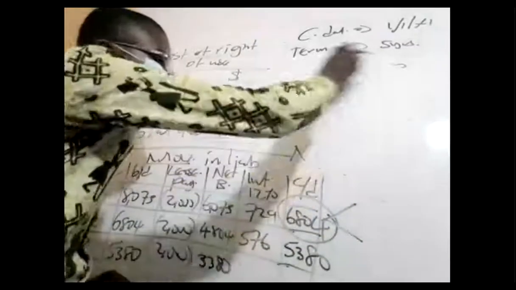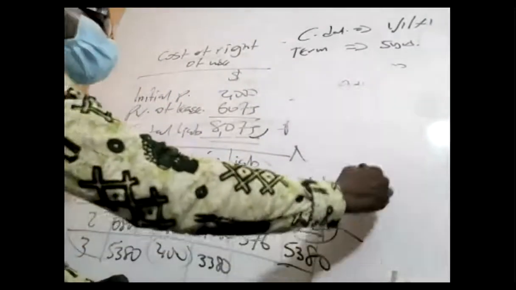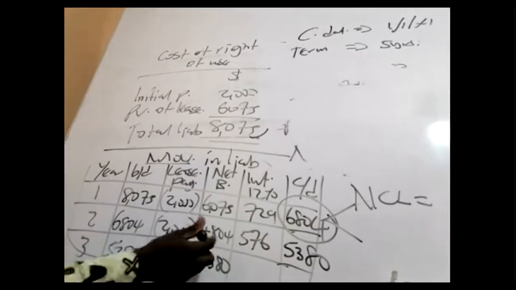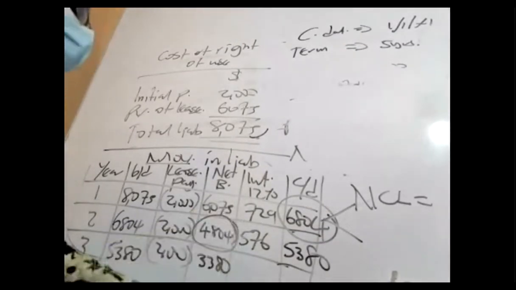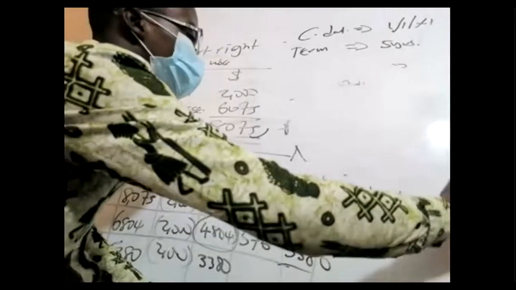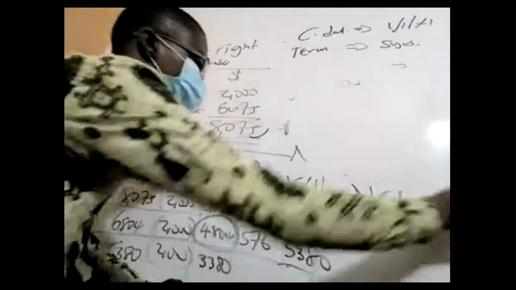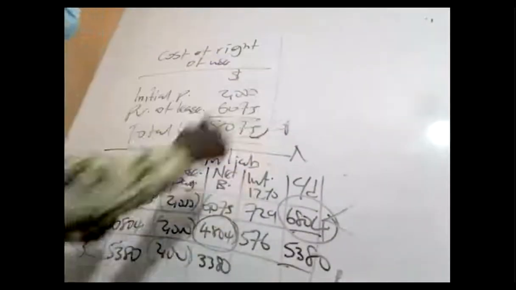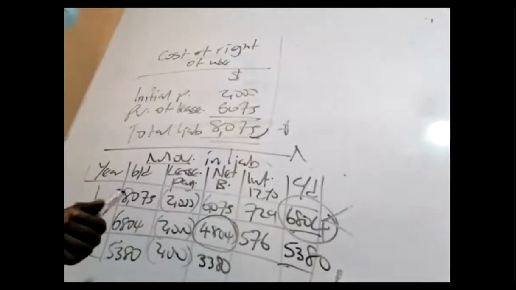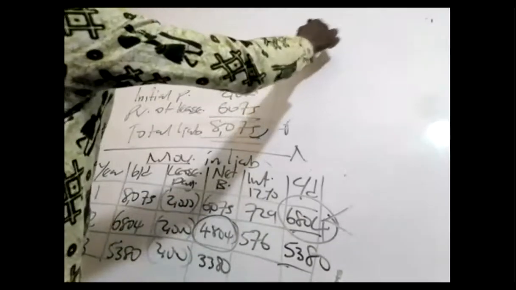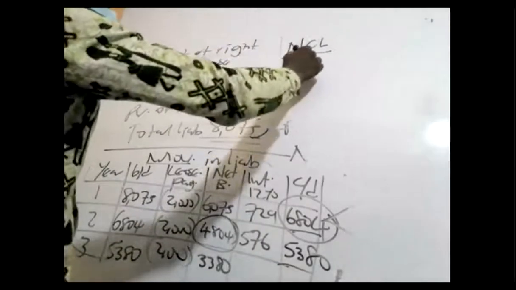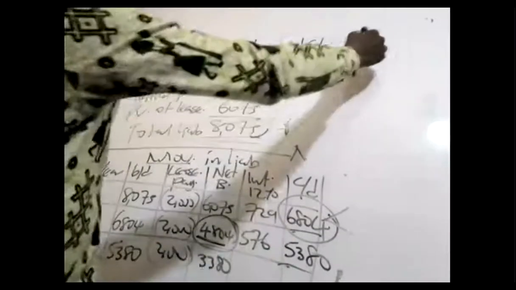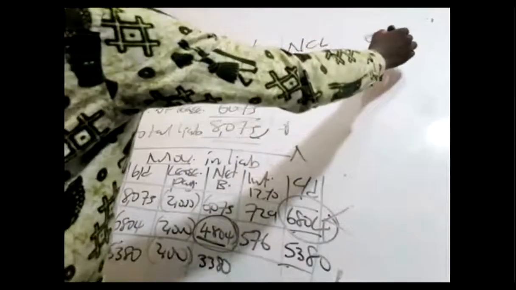If I want the non-current part first, it is the balance after the next year's repayment, which is 4,804.